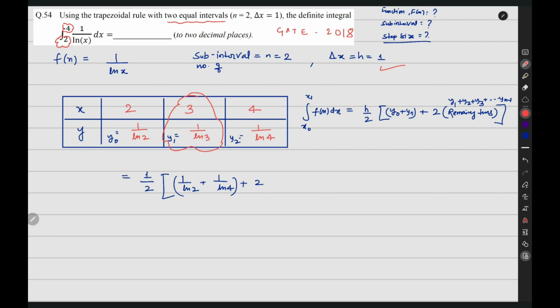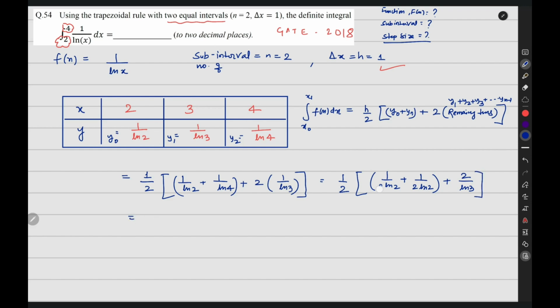So we will write 2 into 1 by ln 3. Now 1 by 2, 1 by ln 2 plus this one I can write as 2 ln 2 using the log property, plus 2 by ln 3.